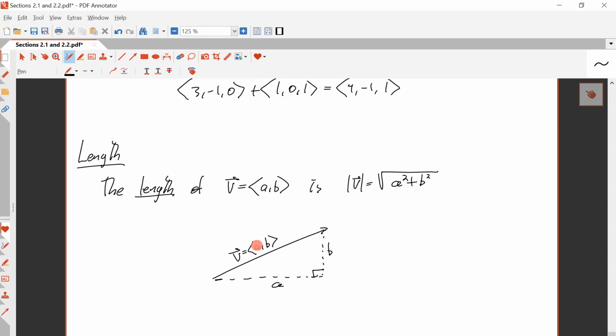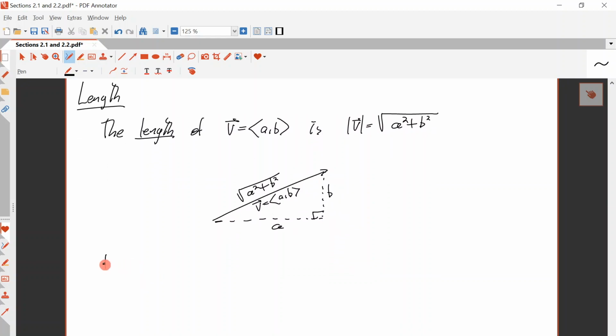Therefore the hypotenuse has length the square root of a squared plus b squared, since a squared plus b squared is equal to c squared.